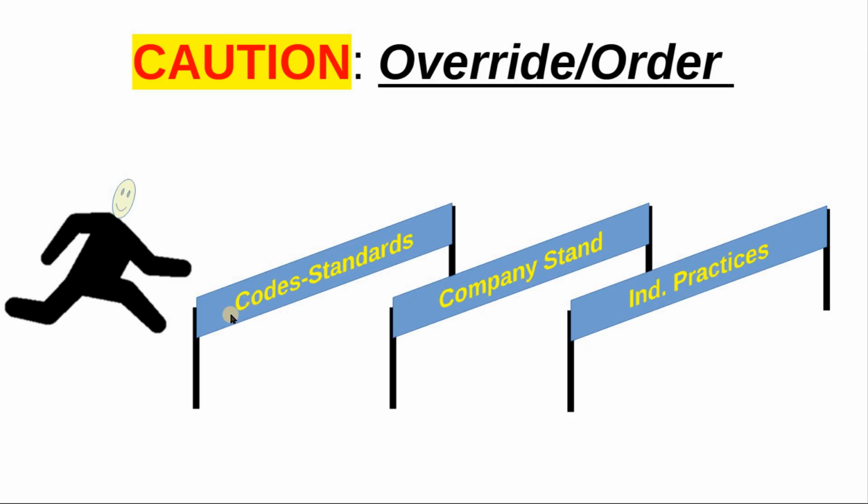So if the codes say you should not do this, even if the company standard says do it, or the vendor asks you to do it, no, you will not be able to do it, because the codes applicable in this country, in this place, in this industry say no. So the only thing which can override everything is the codes and the country standards.